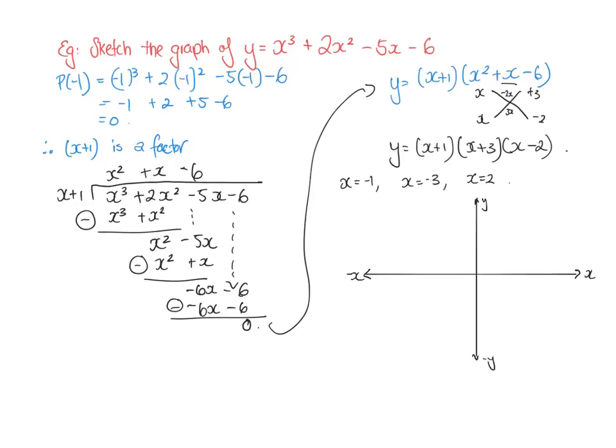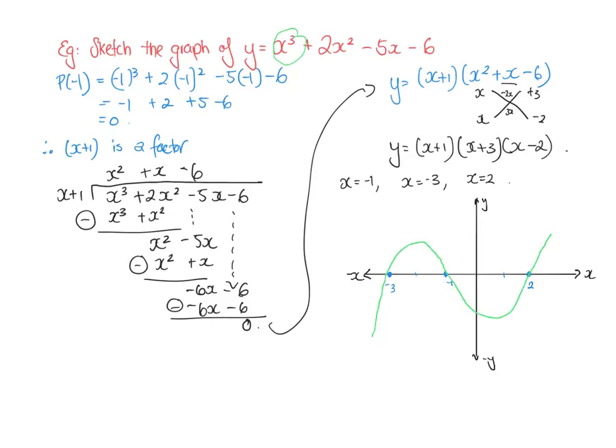So let's draw it. We'll pop in our x-intercepts: one at -1, one at -3, and one at 2. So here are our 3 x-intercepts. Because this cubic is positive, we're going to start down in this quadrant and go up, down, and around.